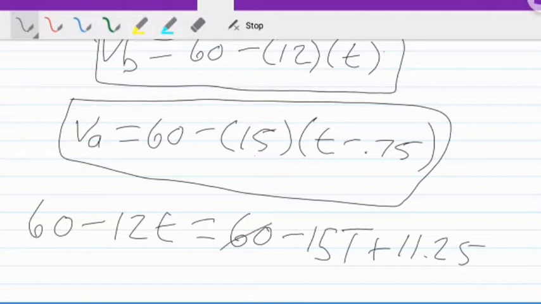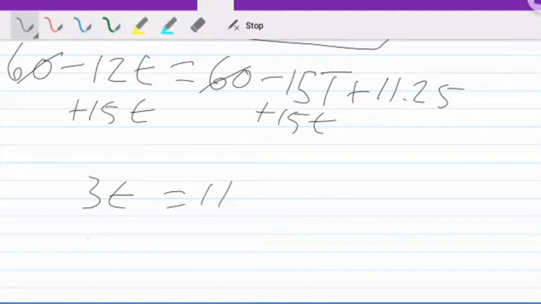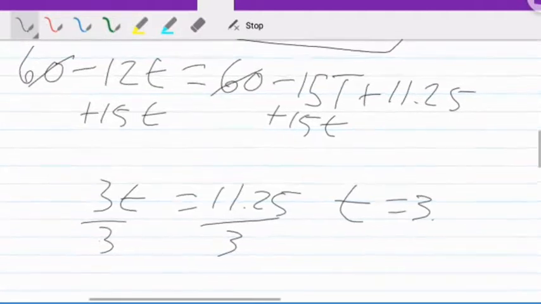So the 60s cancel out, and we're going to add the 15t to the other side. So we have 3t is equal to 11.25. Divided by 3, divided by 3, we have a time of 3.75 seconds.